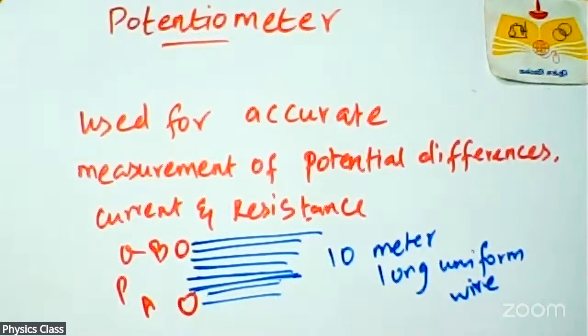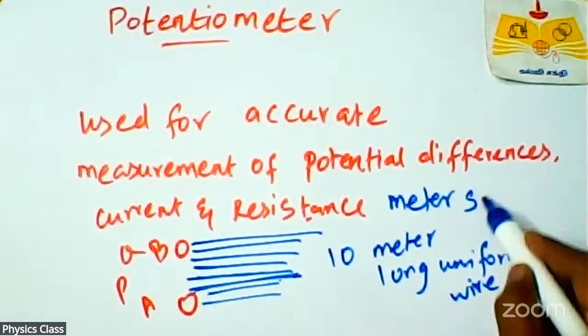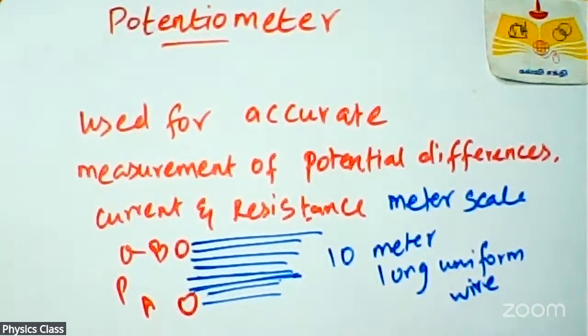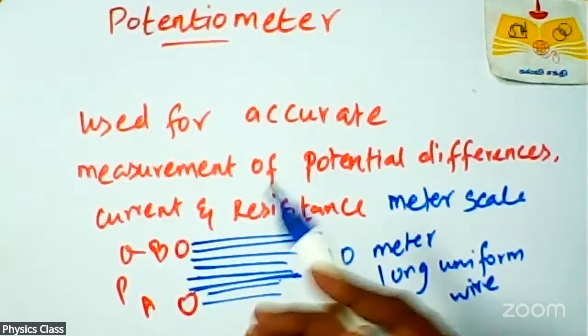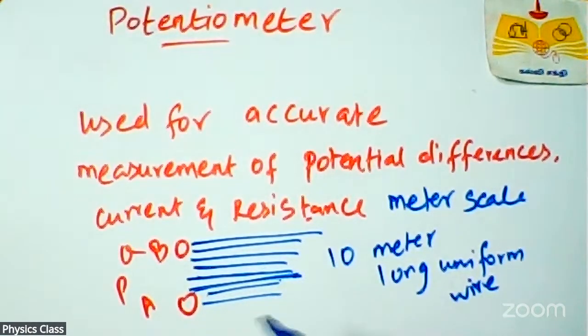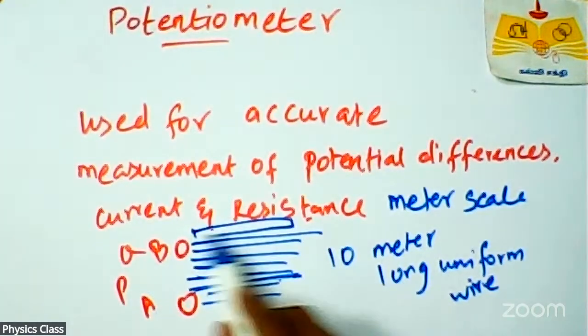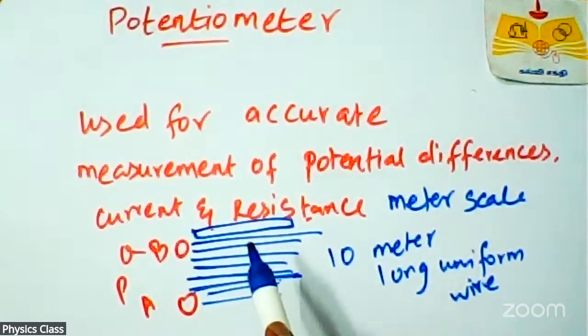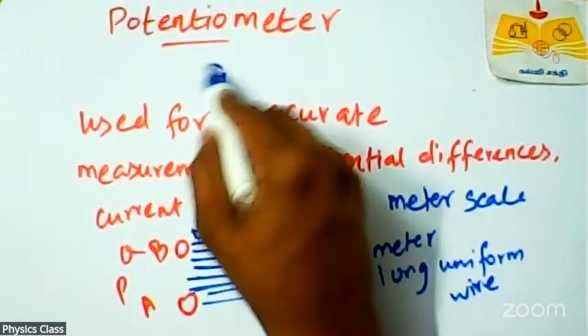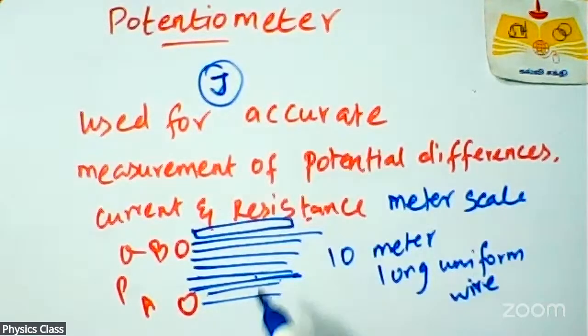So a meter scale is used to find the length, which we will see later, that is the balance length. So the meter scale is fixed parallel to this wire, and another device, the jockey, is used.